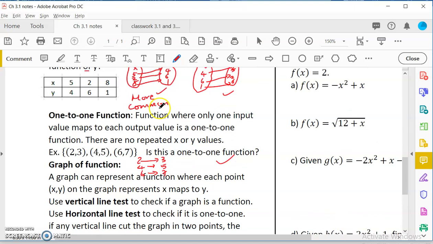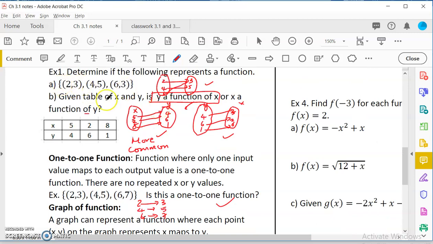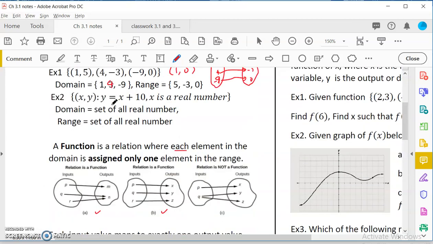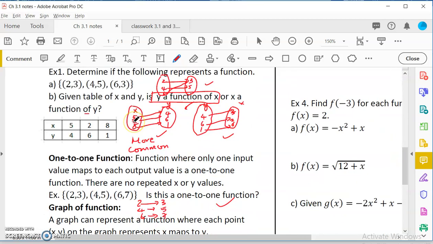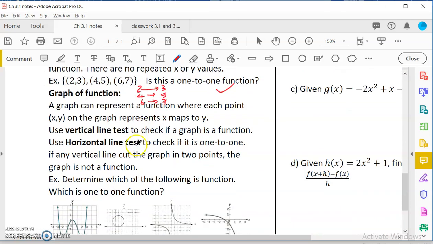A function can not only be ordered pairs or a formula where you generate the function. A function can also be represented by a graph. How can a graph be a function? All the points on the graph represent x maps to y. You can have a discrete graph where you only have dots, or a graph with tons and tons of points.